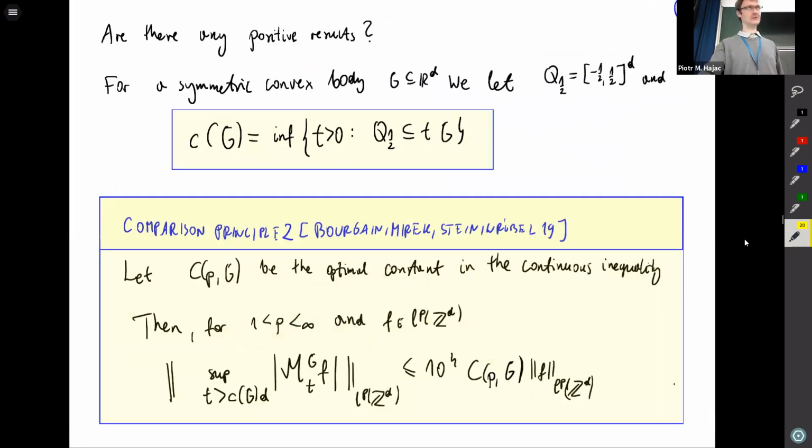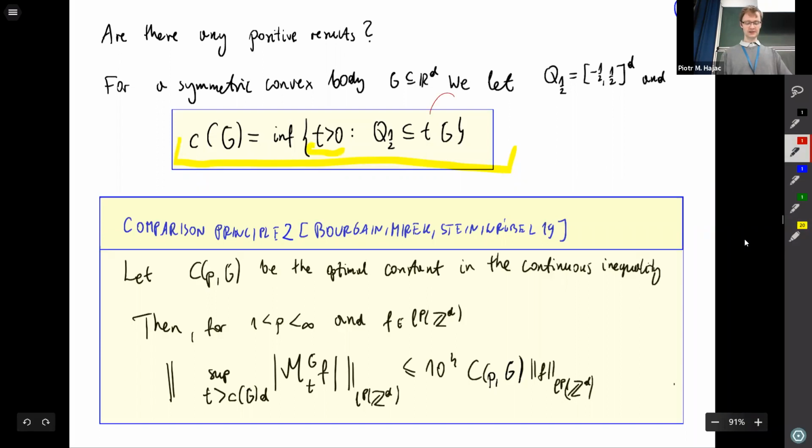So what can we prove? The first positive result of this sort is that if you define this constant c(G), which I would like to contemplate for a moment. For a symmetric convex body G, we say that c(G) is the smallest radius t such that the dilation of G by t contains the cube Q. What is Q is written here.